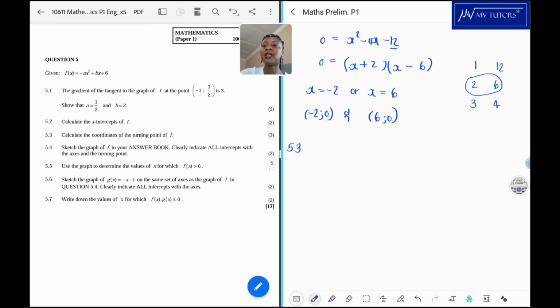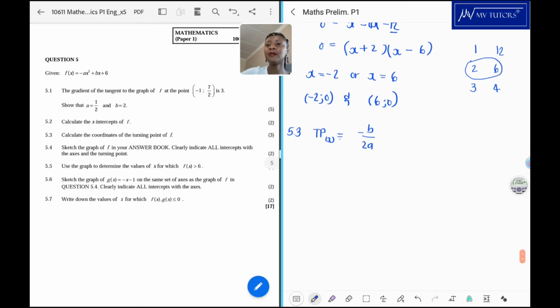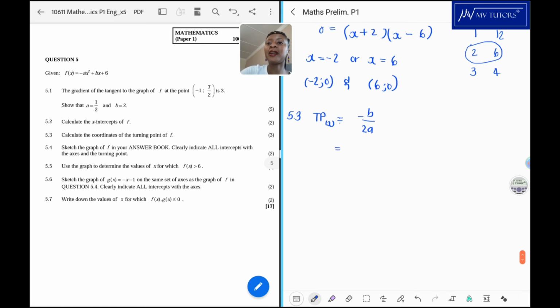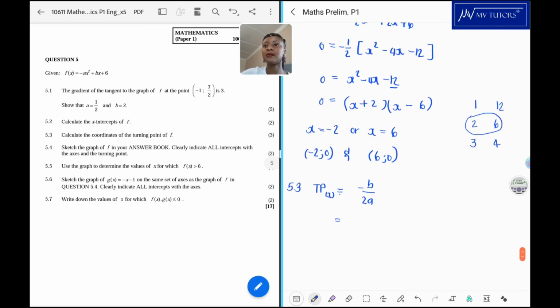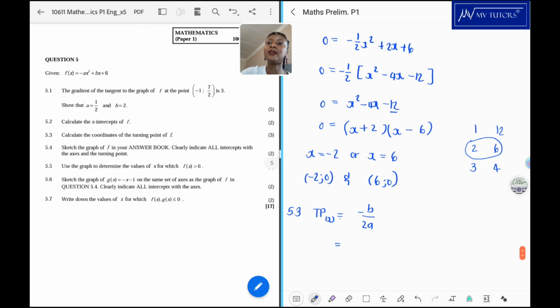Okay, so there's a formula. I don't think they give it to you in the formula sheet. If you want the turning point, that's just for the x coordinate. It's actually equal to negative b over 2a. Okay, so if I look at my equation, b will be 2 and a will be negative a half.